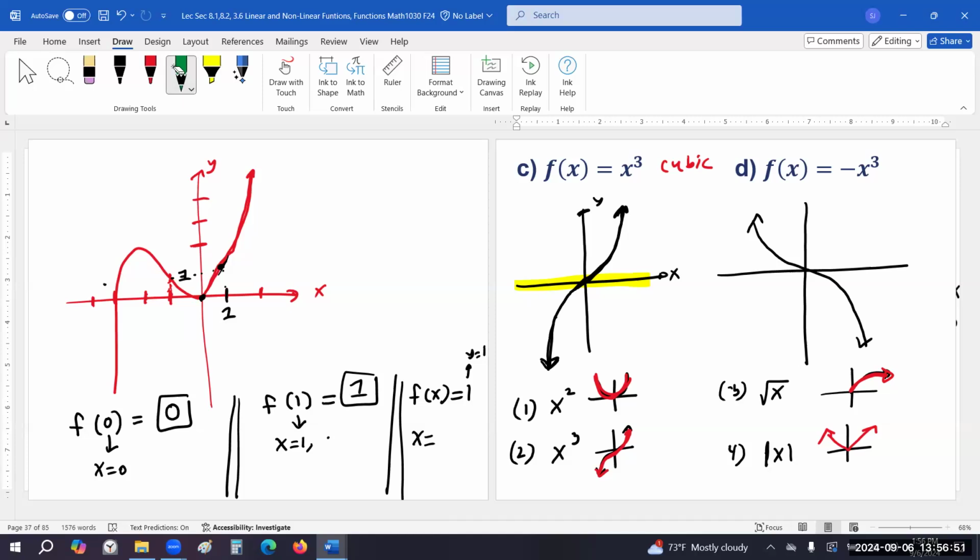Now, when y is 1, you draw a line at y is 1. How many x values will you see? 3. What are the x values? Negative 3, negative 1, and 4.